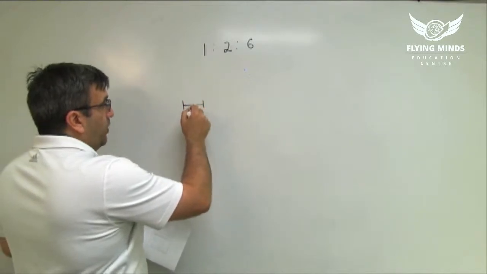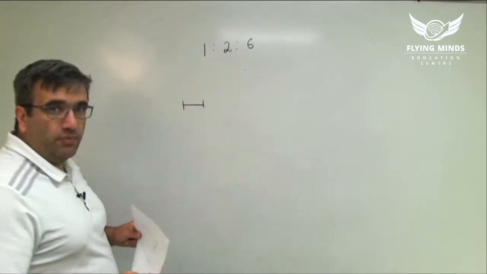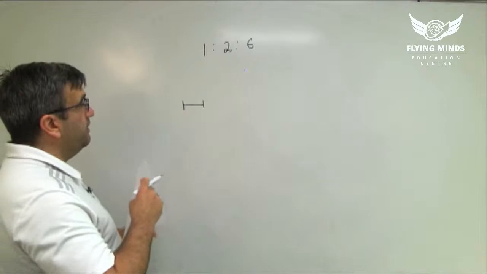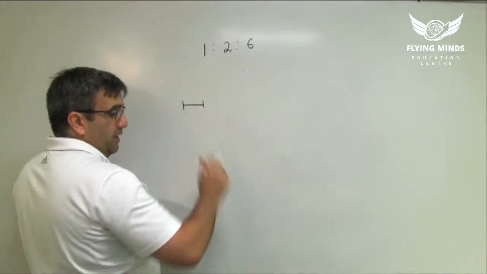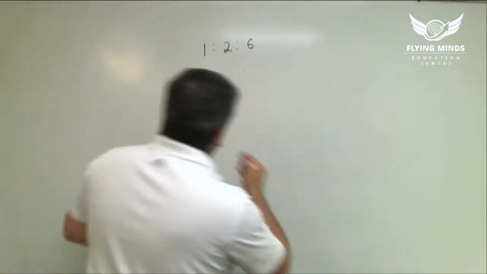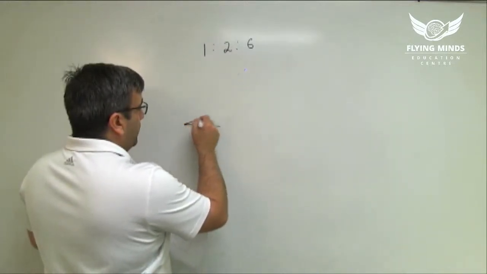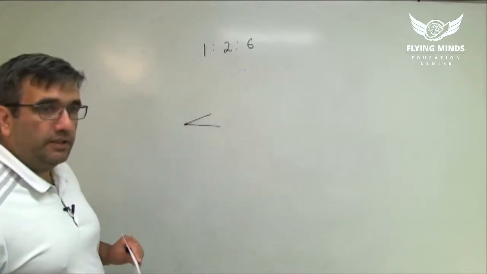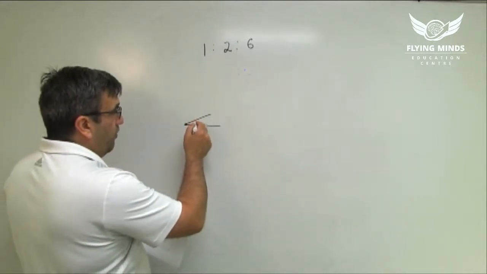So let's say this is 1 part, and we don't know the measurement of this interval, right? Since we're dealing with angles, this will be 1 part, right? Then 2 parts will be 2 of those angles.